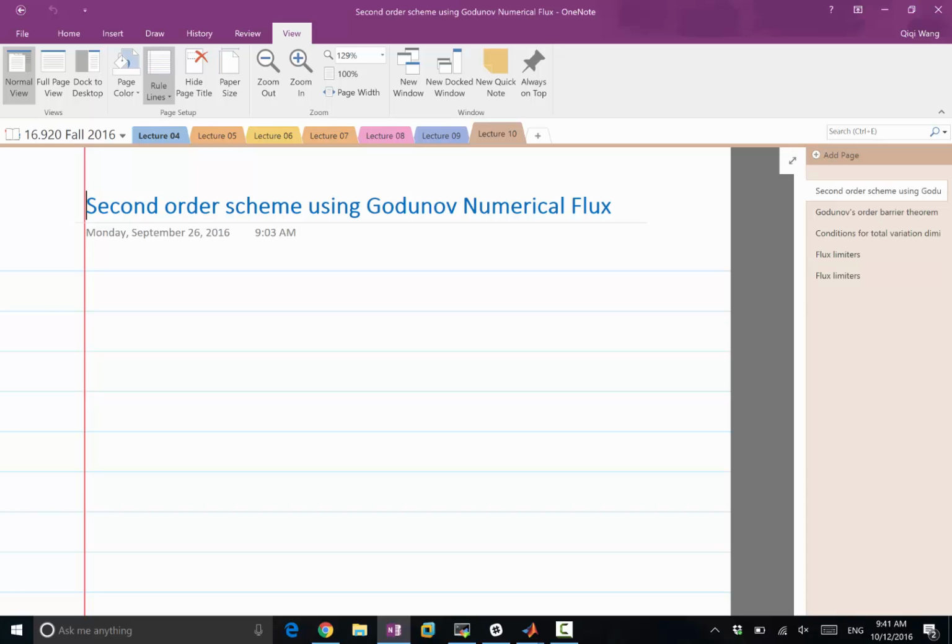And then we decided to use an upwinding flux, which produced the correct behavior around shock waves, but didn't always produce a physical solution. And then we introduced the entropy condition.